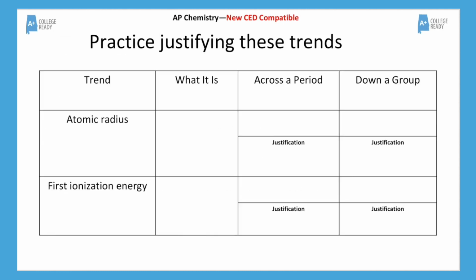So here are some examples. This is a good chart to fill out if you're asked to justify atomic radius. We need a period justification and a group justification. Remember, when you're using these period justifications, it's going to be very important to mention effective nuclear charge, which is protons, and when we're using a group trend, we need to talk about the location of the valence electrons in different energy levels.